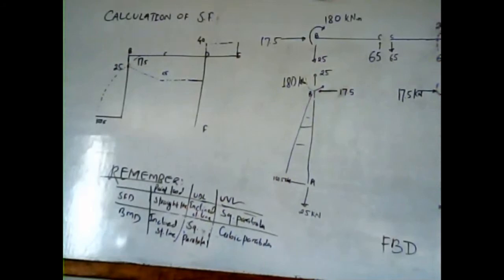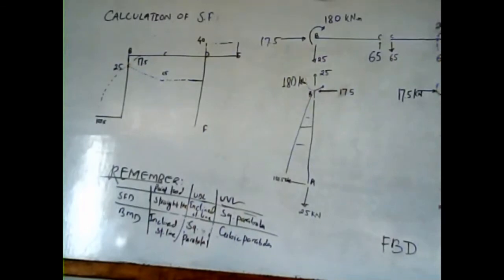For drawing the shear force diagram, first I have made a simple diagram here. Here in section AB, first you need to know what is shear force. Shear force is that force which is acting along the perpendicular direction with respect to the member.